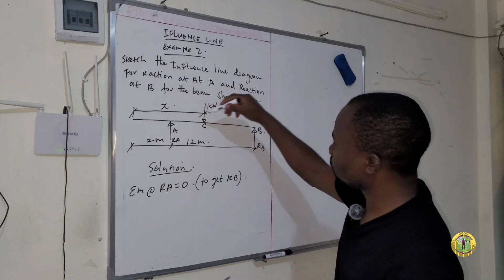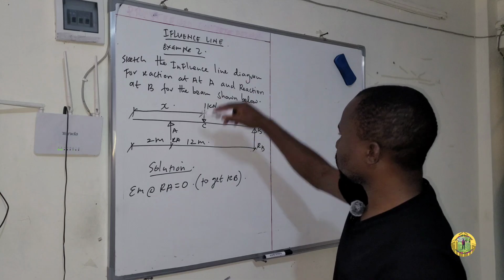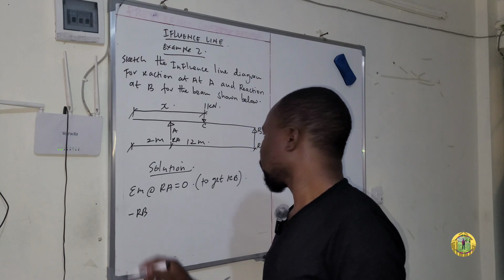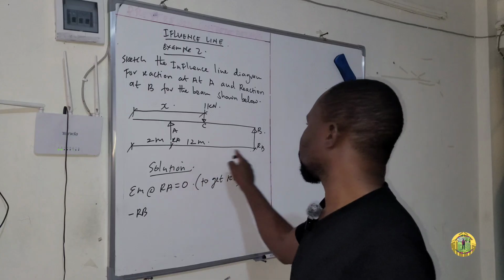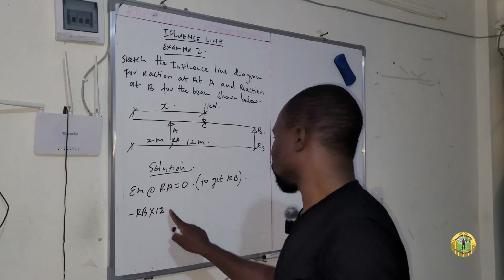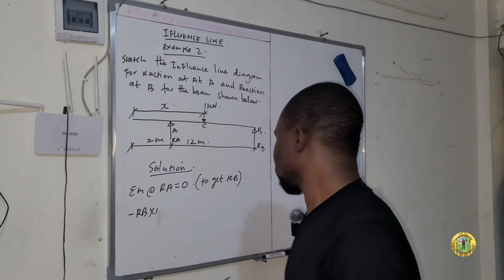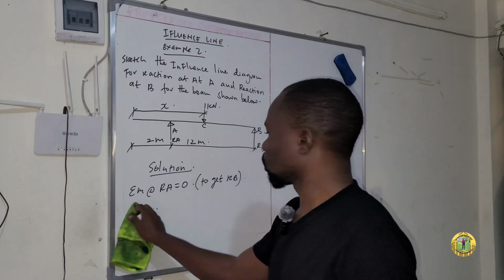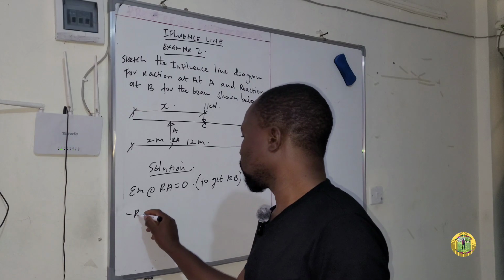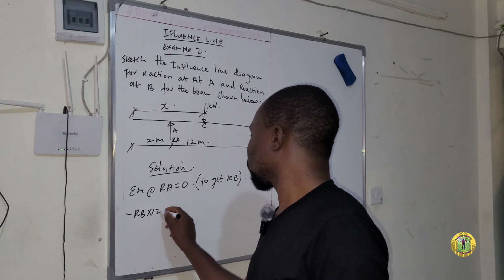See the movement of my hand. Anti-clockwise direction. So this is minus RB times the distance from here to here, which is 12.